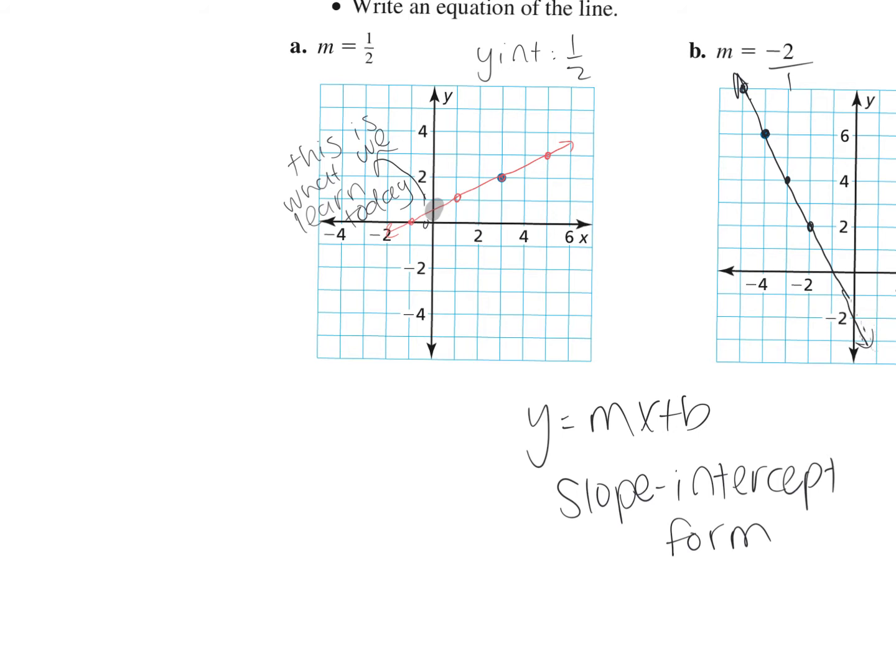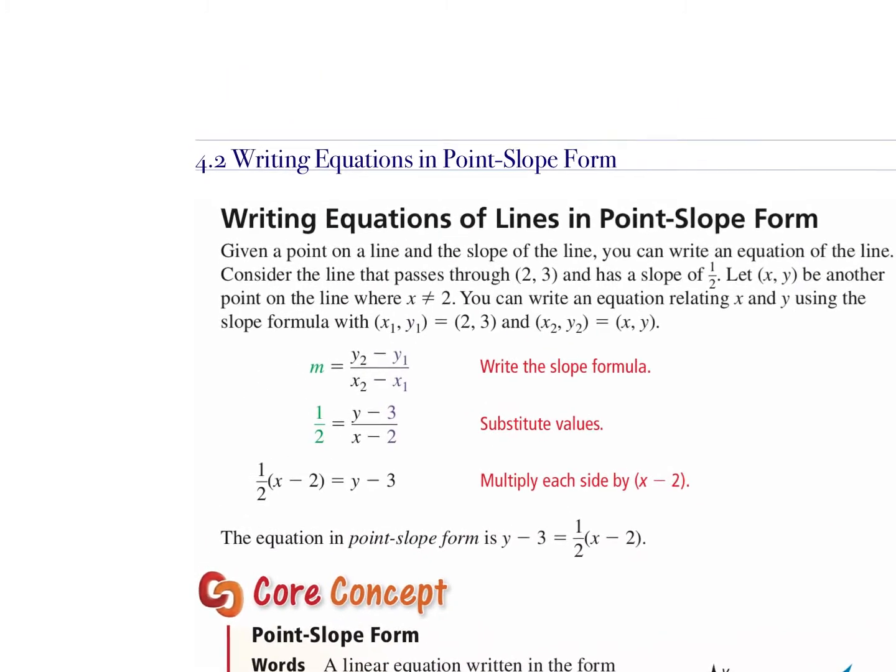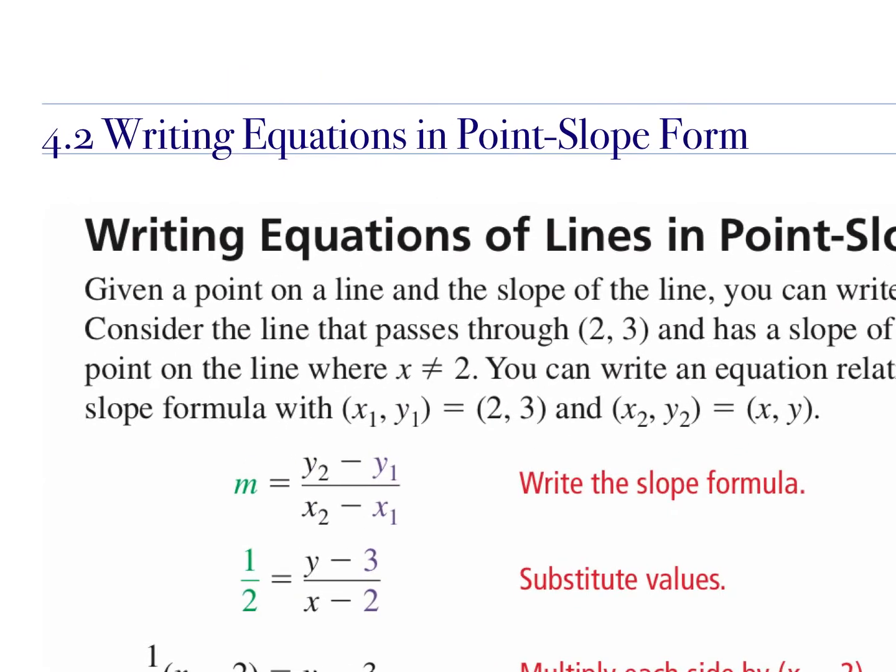Now, part of learning this new form is understanding what the form is, and part of it is understanding how we use it and when we use it. Okay? Lesson 4.2. Guys, we're learning about something called point slope form. Underline that. Okay?